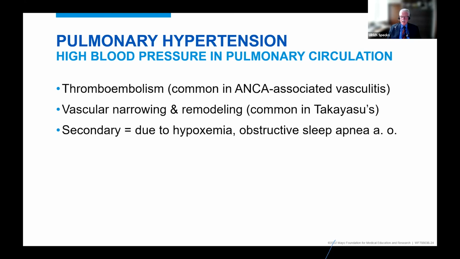Patients with Takayasu's arteritis can sometimes have vascular narrowing in the pulmonary vessels and remodeling of the pulmonary vessels, causing pulmonary hypertension, high blood pressure in the pulmonary circulation. And that needs to be looked for because you don't see it on the typical chest imaging studies. You need to think about it and then do an echocardiogram and potentially other heart tests to find it.